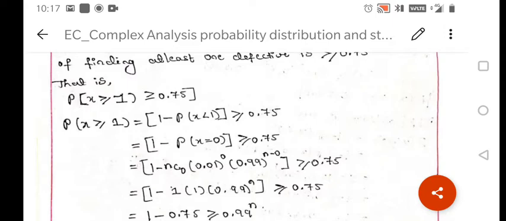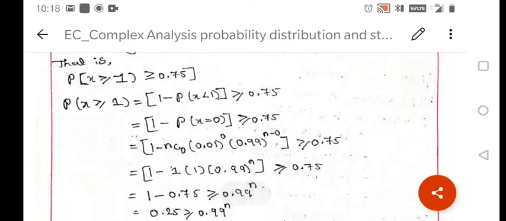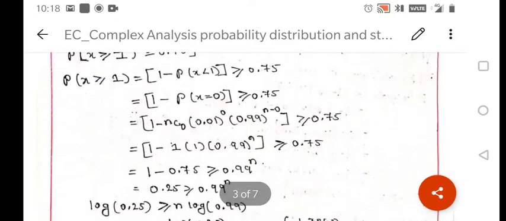That means 1 minus probability of x equal to 0 is greater than or equal to 0.75. So it is 1 minus nC0 0.01 raised to 0 0.99 raised to n minus 0 is greater than or equal to 0.75. That means 1 minus 0.99 raised to n is greater than or equal to 0.75.